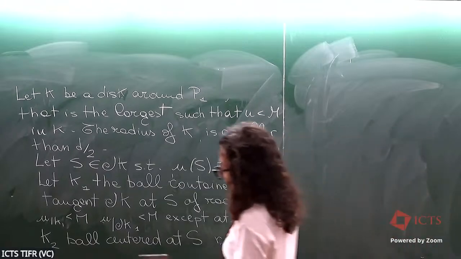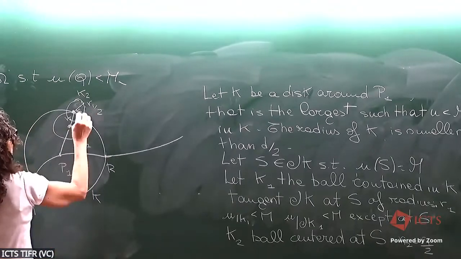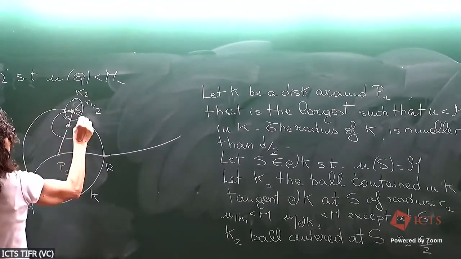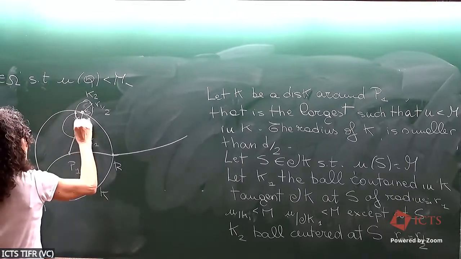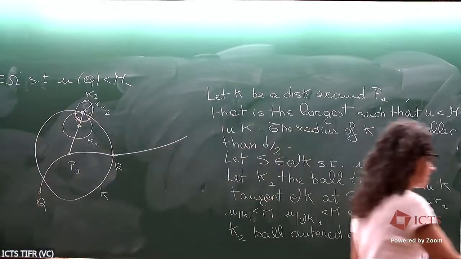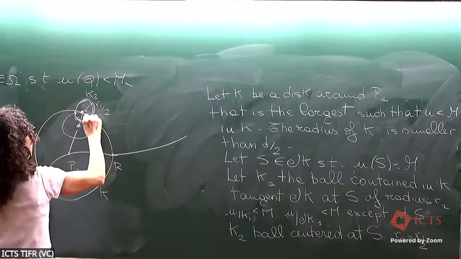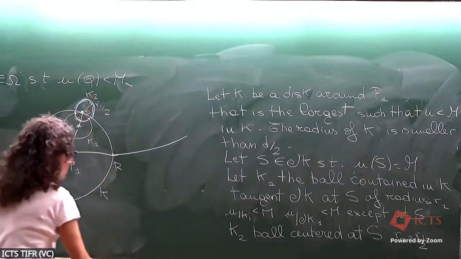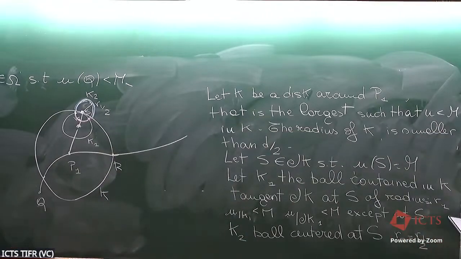The boundary of K2 can be divided into two parts. One part is inside K1, and the other part is outside. So let me give a name to this part.